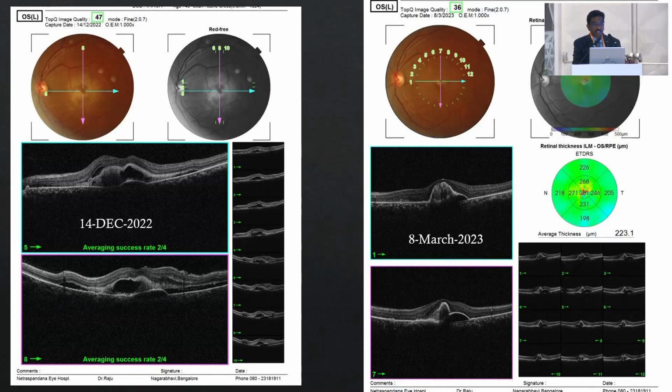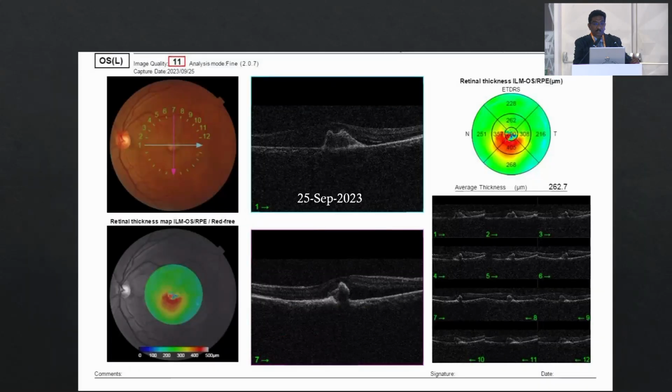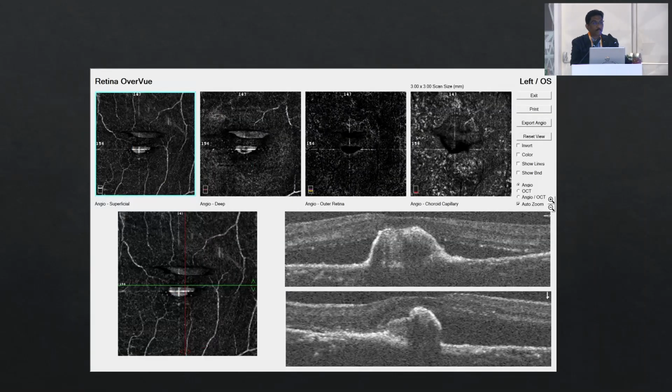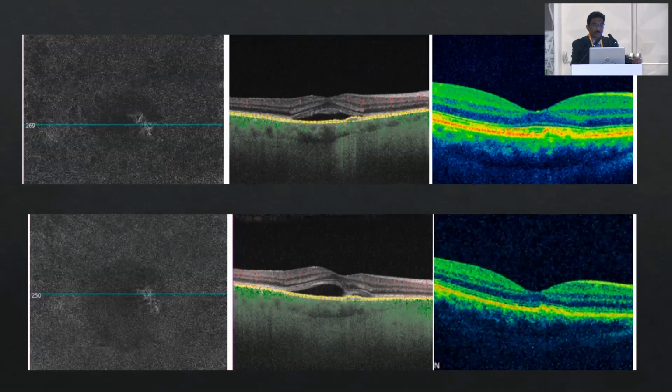Most of the cases I had started with eplerenone to begin with due to lack of access to PDT, and he responded to eplerenone, but however, he came back later with a detachment again, which was found to have a CNV or a macular neovascularization, and this was treated with ranibizumab biosimilar. However, he continues to require injections on and off in these patients. There is one more patient treated for MNV.